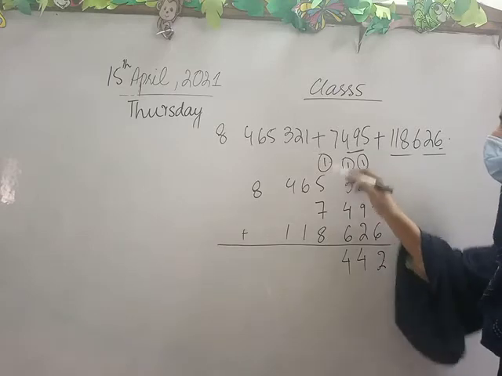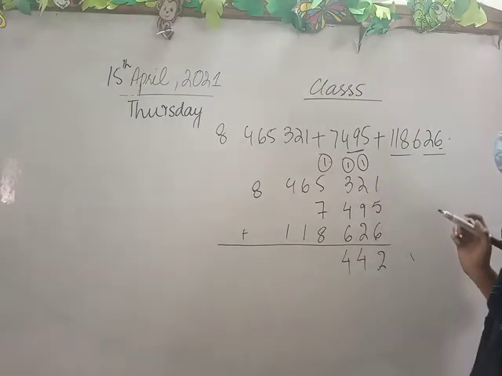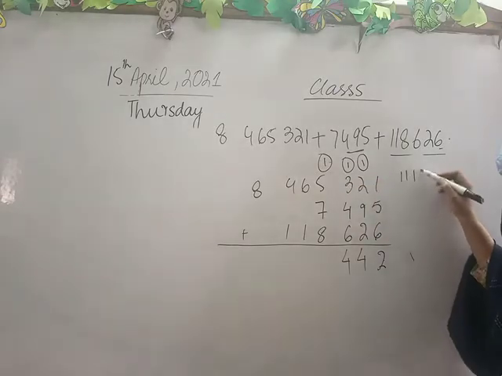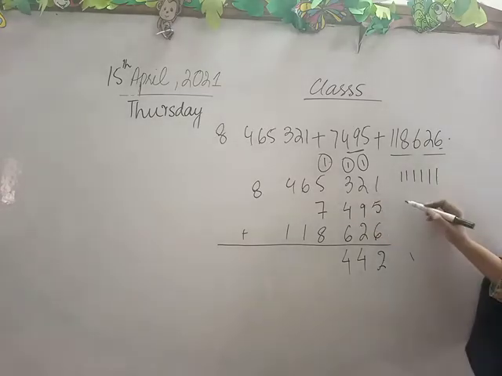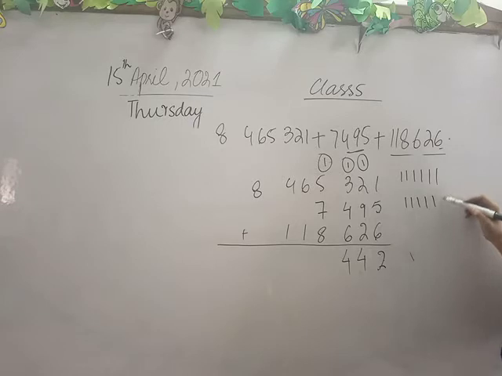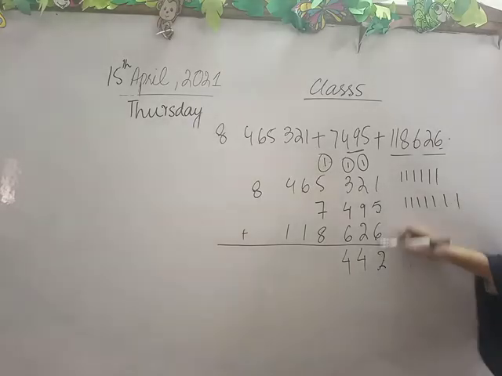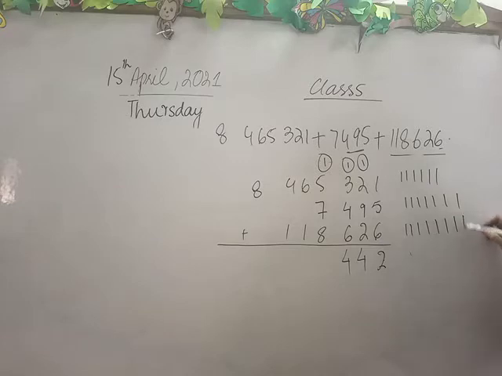Now the next number, which is 5 plus 1 for upper, 1 2 3 4 5 6. 7 for middle, 1 2 3 4 5 6 7, and 8 for lower, 1 2 3 4 5 6 7 8.